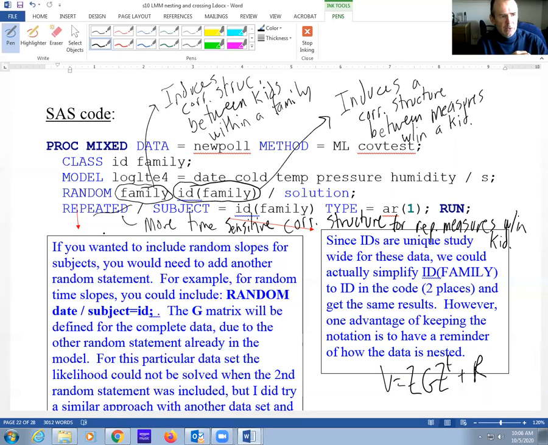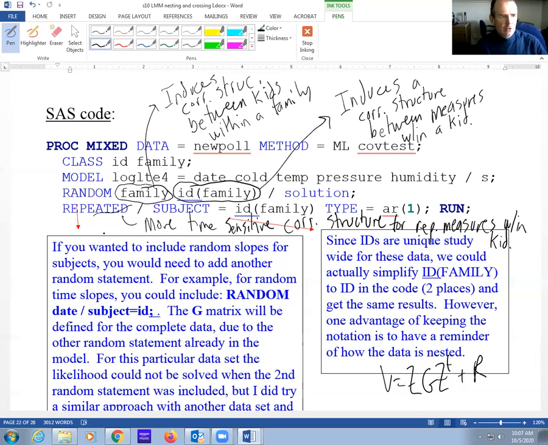Because we have the nested situation here, it's easier to write it this way than the way we normally write, which is random intercept slash subject equals ID. Obviously there are 2 levels: we have the family level and then we have the kid level. If you did want to also put a random slope in, then we'd be forced to do it.